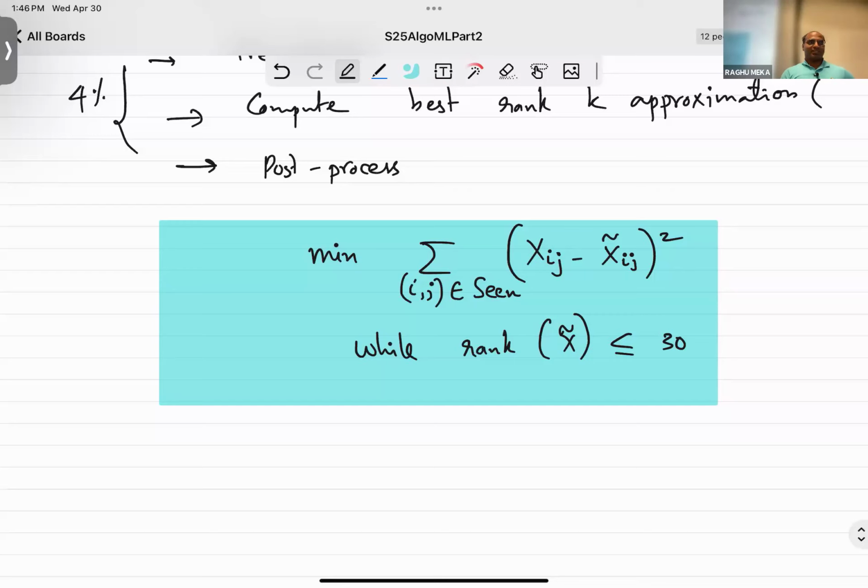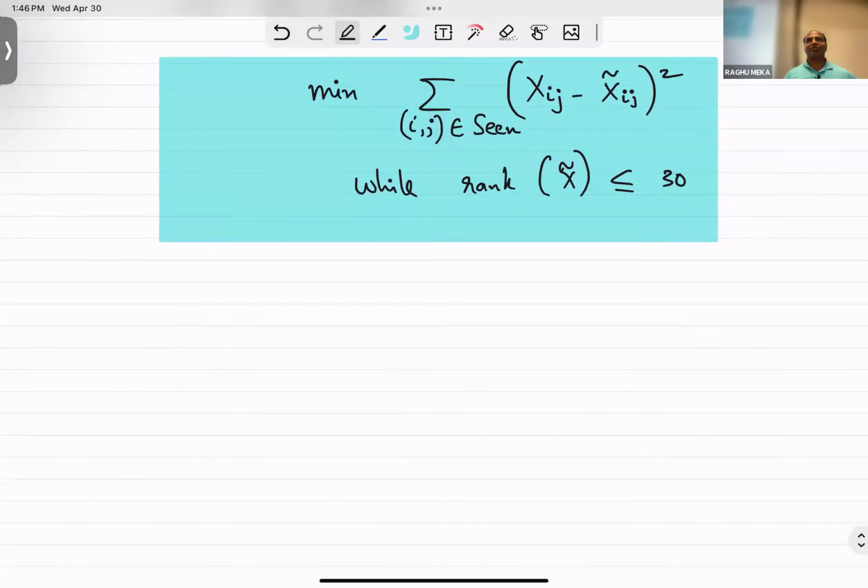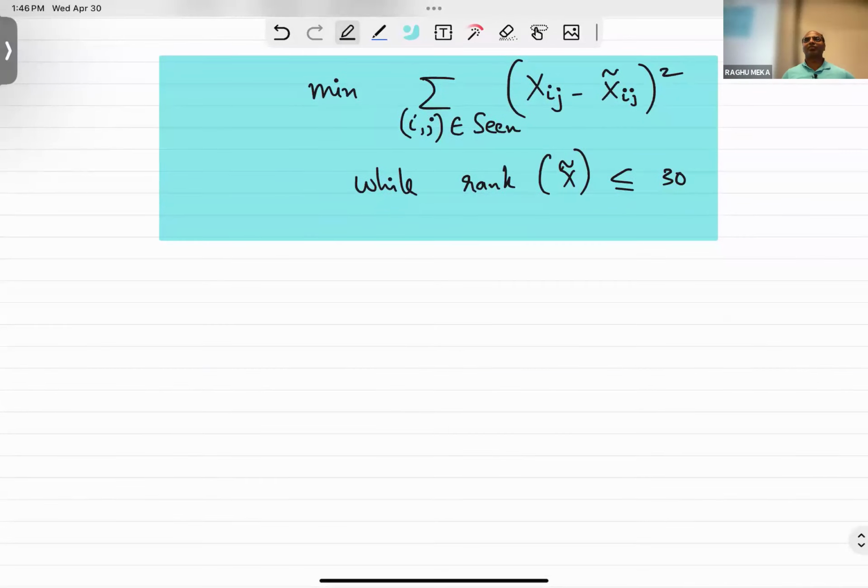Okay, forget convexity for now. But if it's a constrained optimization problem, I'm still running it mainly as a heuristic, or I want to see how it does. What can I do? But how do you, but the rank is a non-smooth function, right? So how do you compute the gradient? Yeah.